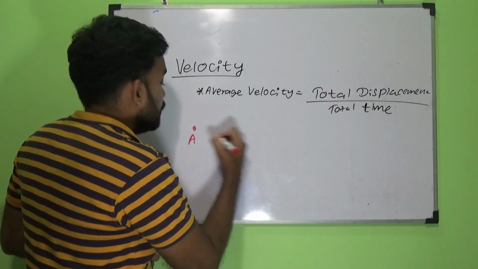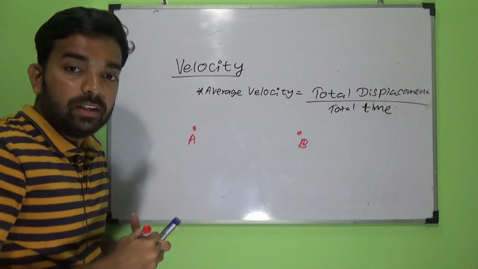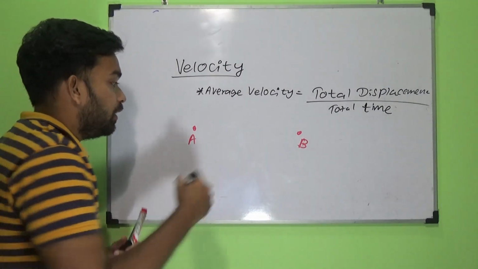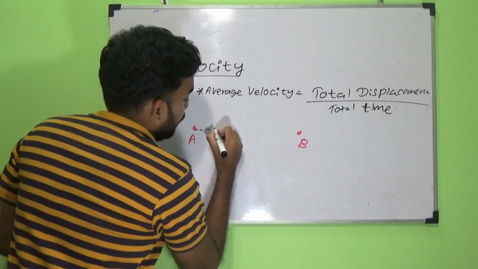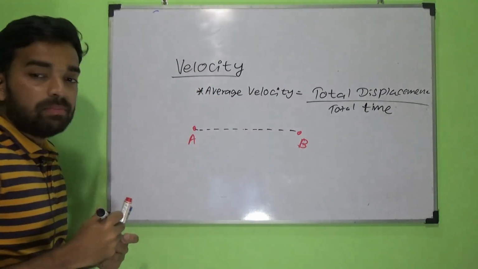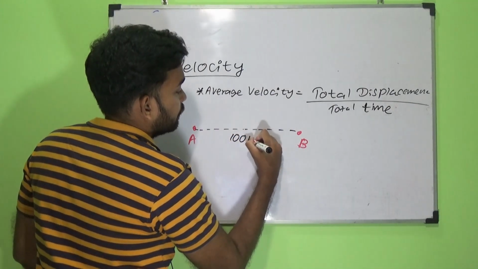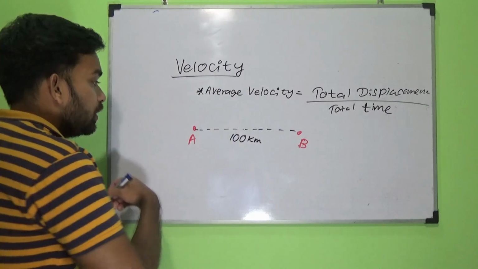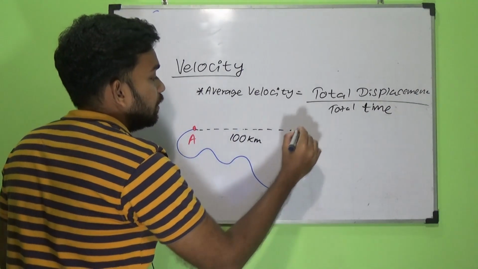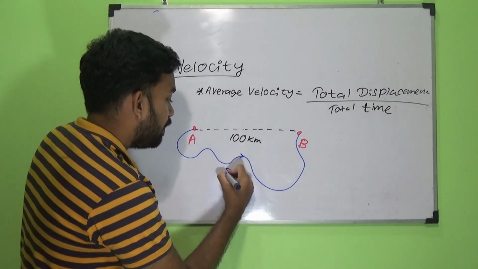a vehicle is moving from city A to city B. If you talk about the displacement, the shortest distance between A and B cities, it is 100 kilometers. But let's assume there is only one road that you can take to reach from A to B, and the distance of that road is 500 kilometers.